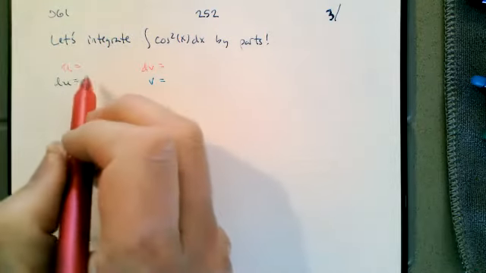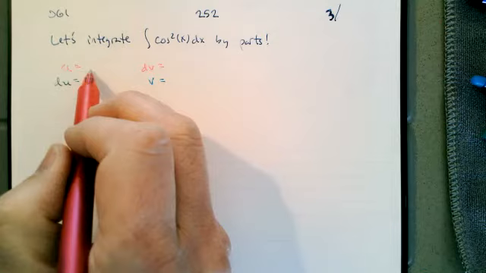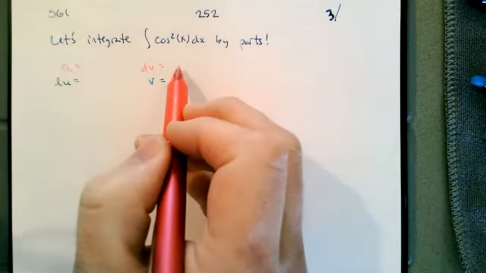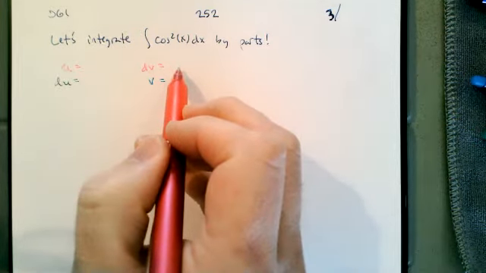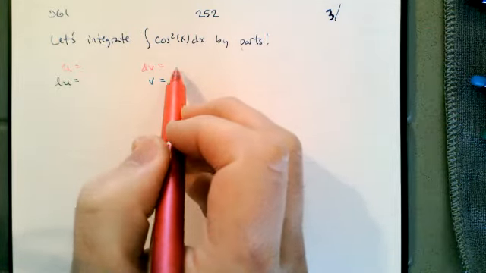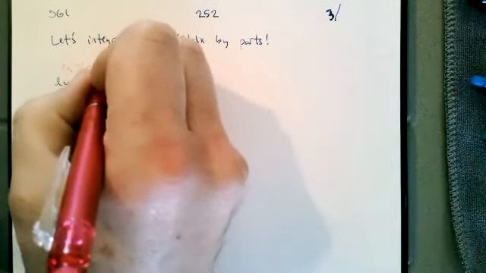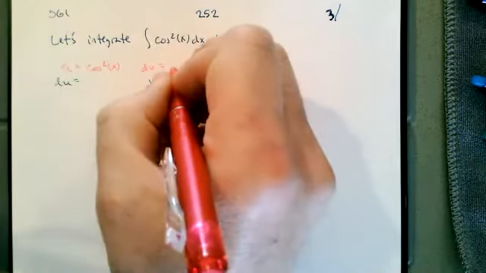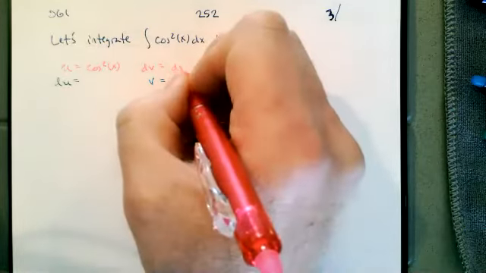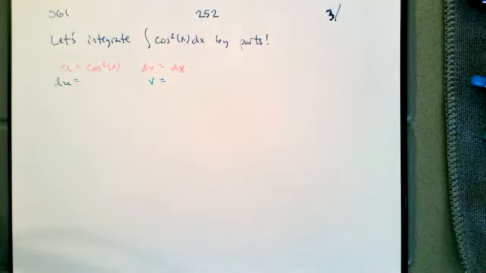I can put cosine squared in the u column and dx in the dv column. I could put all the cosines here and then just make dv the dx that's left over. So that's one option.